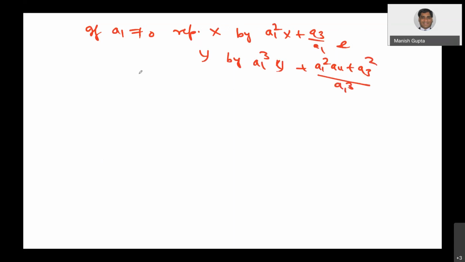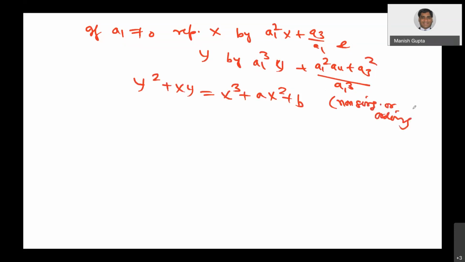Okay, and then the equation will become y square plus xy is equal to x cube plus ax square plus b. This is known as a non-singular or ordinary equation. In fact, I can summarize these things in the form of a table.